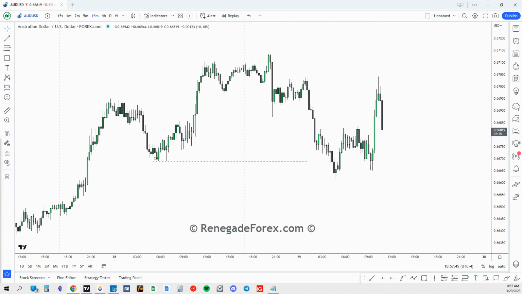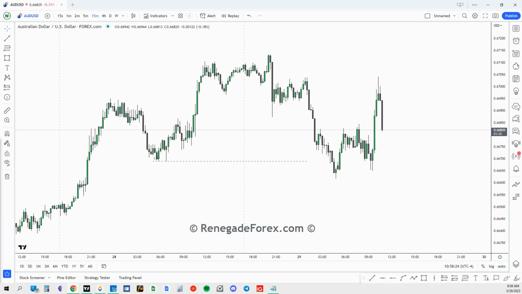We use supply and demand in addition to market structure to understand usually our entry zones, as well as trend continuations or reversals. It's almost equally as important as market structure, but without market structure, supply and demand is useless. So I'm labeling it as the second most important concept within smart money concepts.